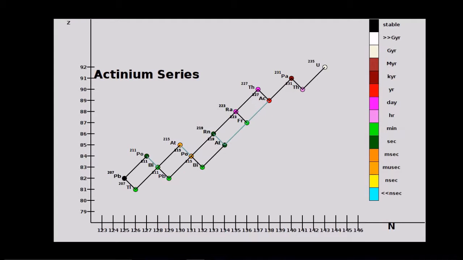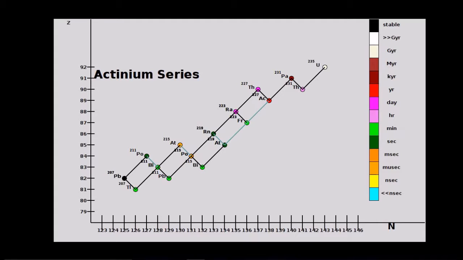Next, let's consider the actinium series, which originates with uranium-235. This corresponds to A is equal to 4n plus 3. The half-life of uranium-235 is over 700 million years, and uranium-235 most likely undergoes alpha decay. Its daughter nucleus is thorium-231, which undergoes beta decay, and its daughter nucleus is protactinium-231, and so on.